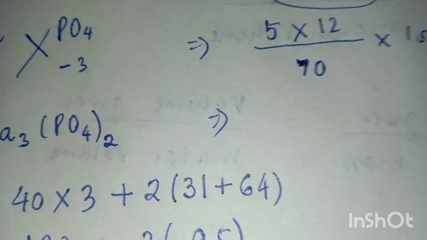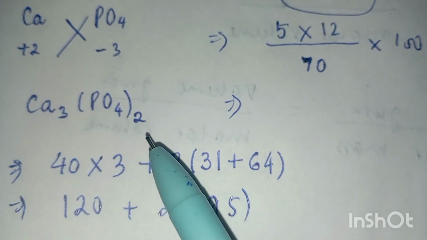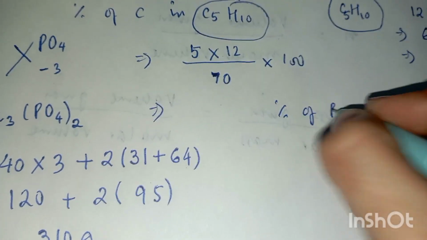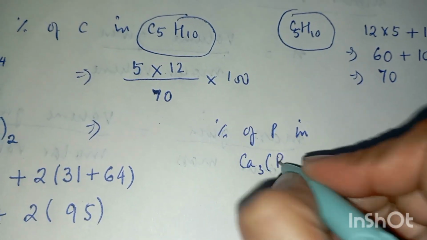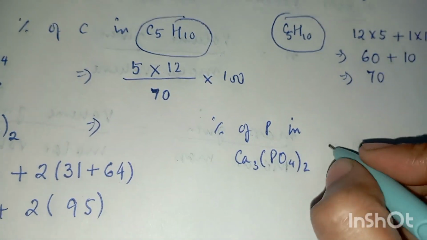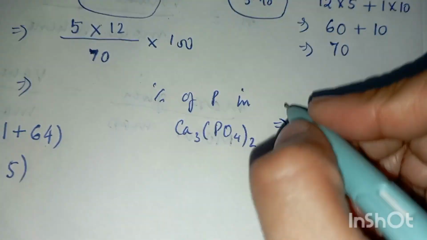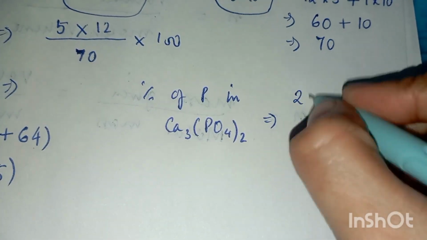Understood? Now you have to calculate the percentage of phosphorus. How many phosphorus atoms are present per molecule? 2 phosphorus atoms. So the percentage of phosphorus in calcium phosphate: you must know how to write the chemical formula of any compound. So 2 phosphorus atoms per molecule, so 2 into 31.